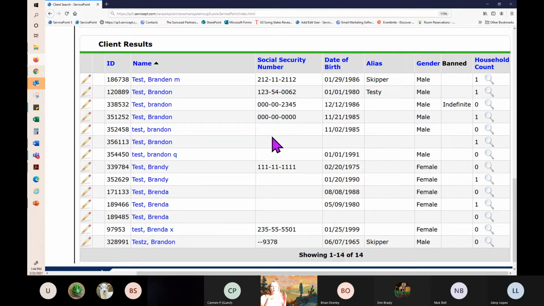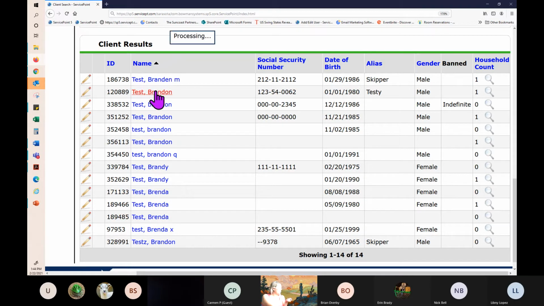That ensures that we only have one client profile for each client in our system. It'll keep all of the historical data that exists on a client profile, combined with the new information. So keeping that in mind, please do that. We're going to use this Brandon test, 120889.